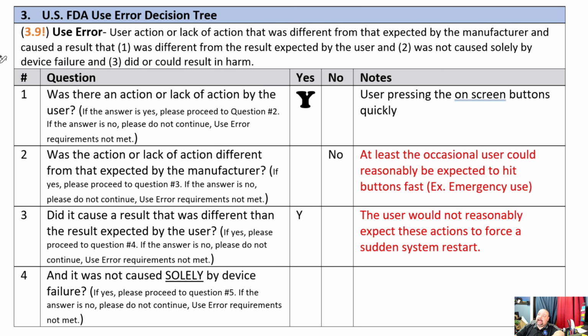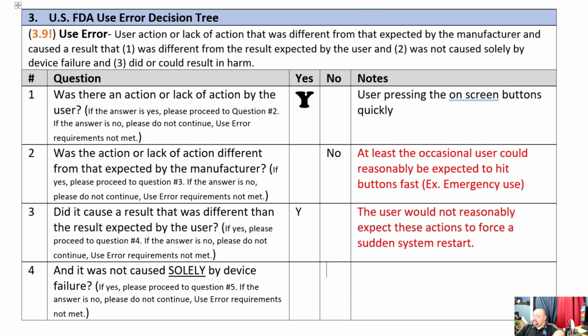I think it's possible to blame this entirely on device failure. And that's because the device is failing to process the perfectly reasonable user interactions. Like, we don't have any conceptualization of how rapidly these commands are being entered, but this isn't a Dance Dance Revolution board. This is a touch screen.